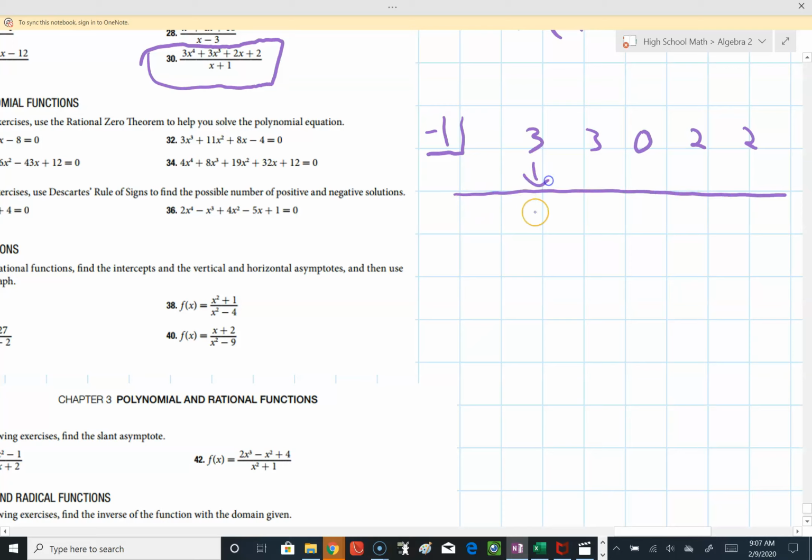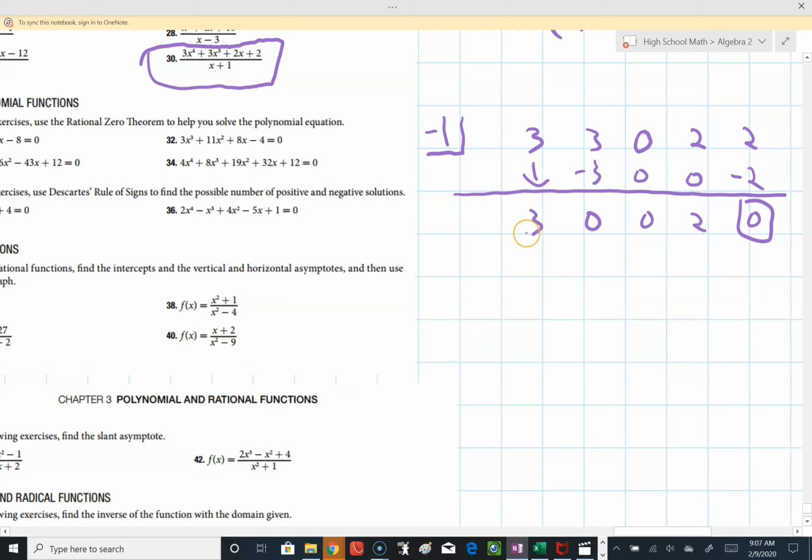Bring down the first number. Then we have this looping process. Negative 1 times 3 is negative 3. Adding is 0. Negative 1 times 0 is 0. Adding is 0. Negative 1 times 0 is 0. Adding is 2. Negative 1 times 2 is negative 2. Summing here is 0.